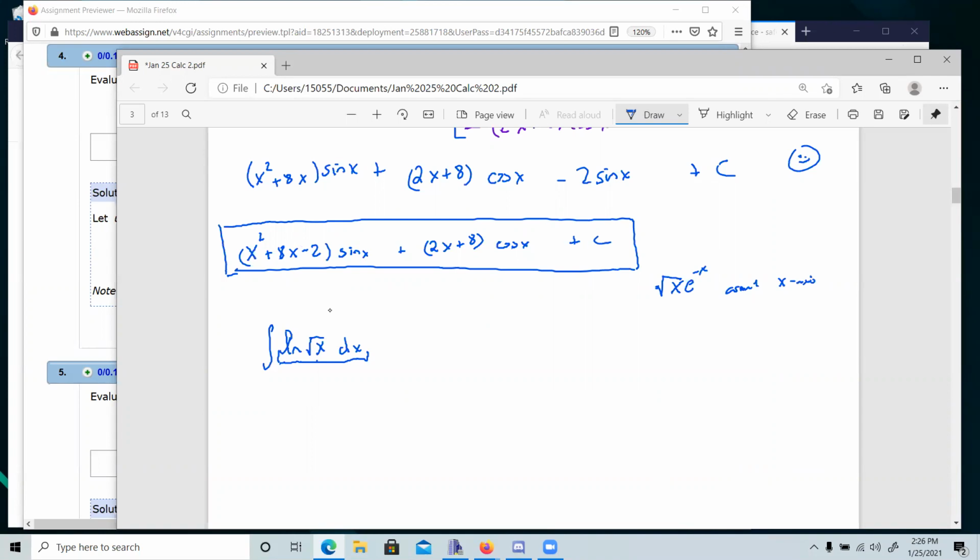Because if I just try to say like let u equal the square root of x, to maybe try to simplify that before I run to do integration by parts, my du for this one would be 1/2 x to the negative 1/2. There isn't a fraction here, so without doing a lot of work to try to force a fraction here, and I don't think you can, this is not going to work out for you.